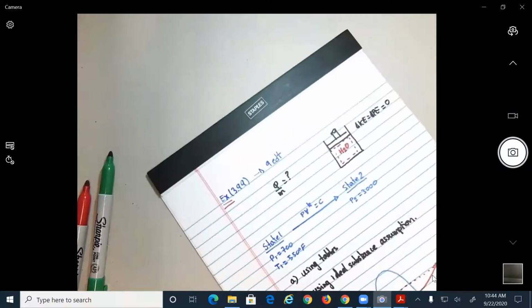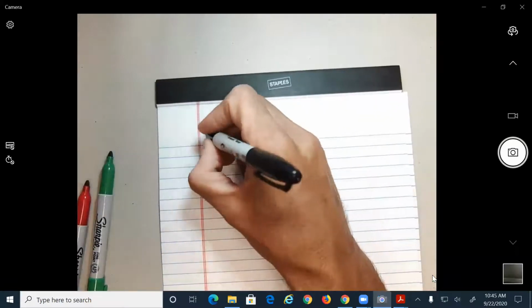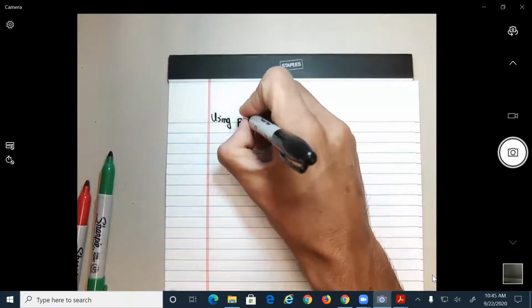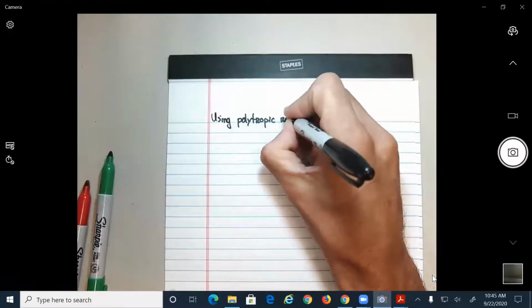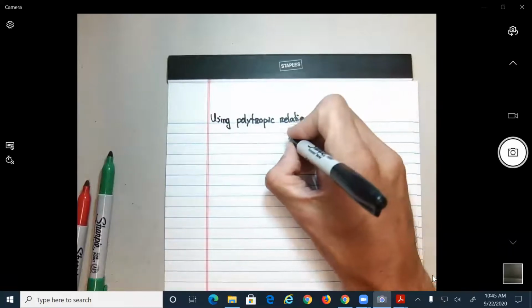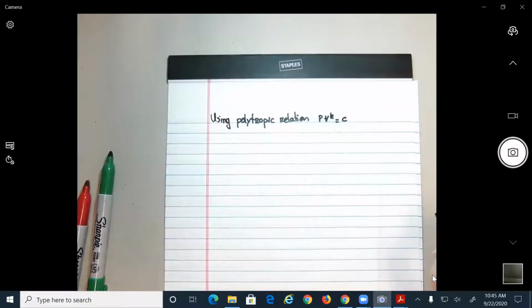All right, so using the polytropic relation, which is PV to the K equal to constant, we can write down what?